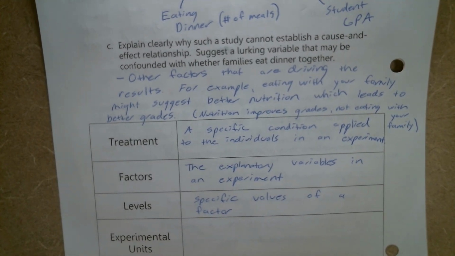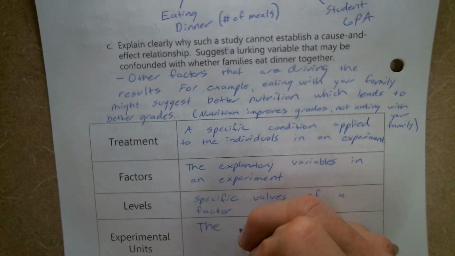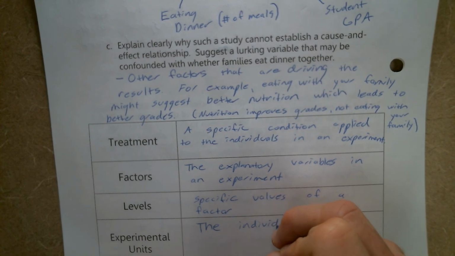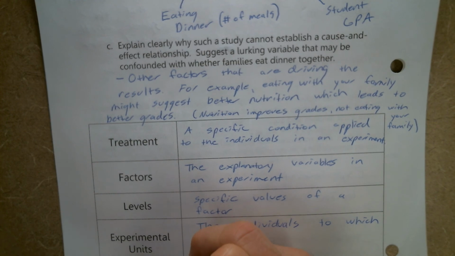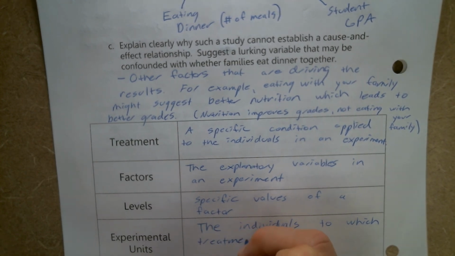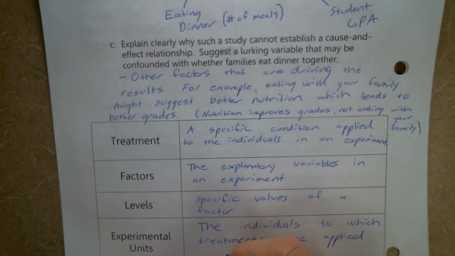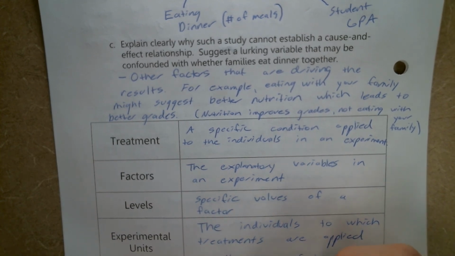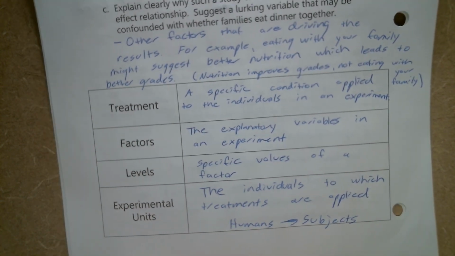And last but not least, the experimental units are the individuals to which treatments are applied. And generally, if we're talking about humans, instead of calling them experimental units, we just refer to them as subjects. Whereas if it's non-humans, we might just stick with experimental units.